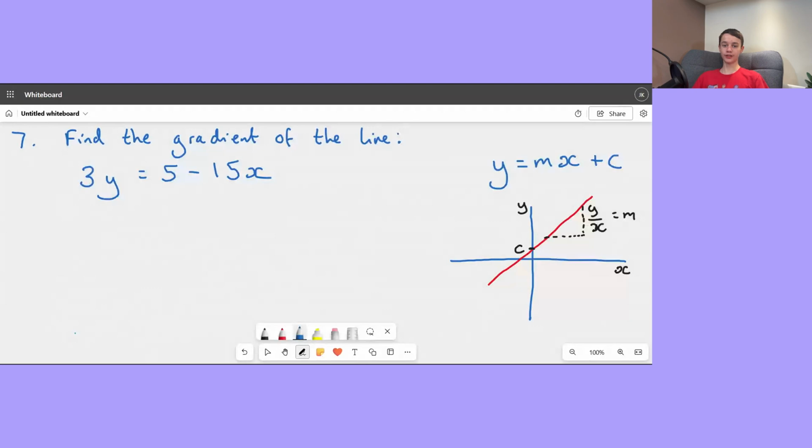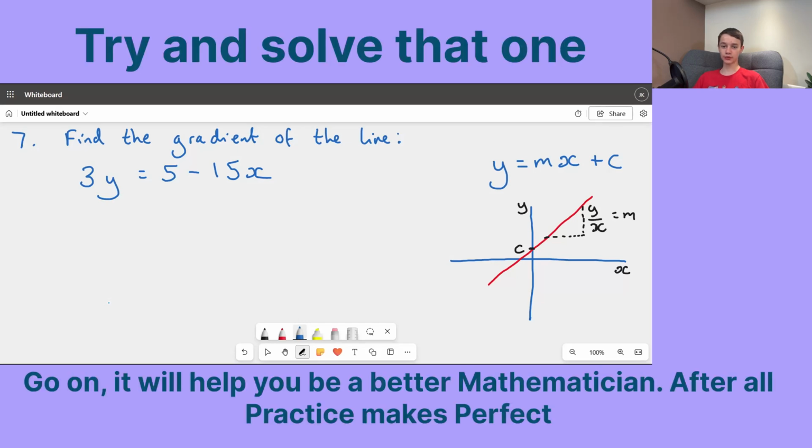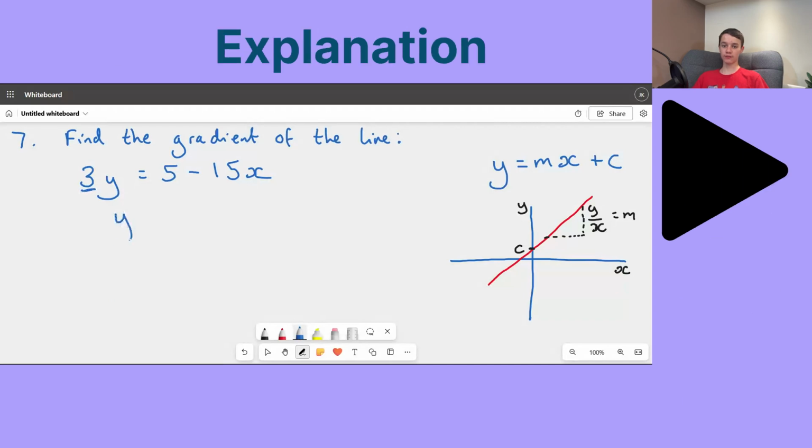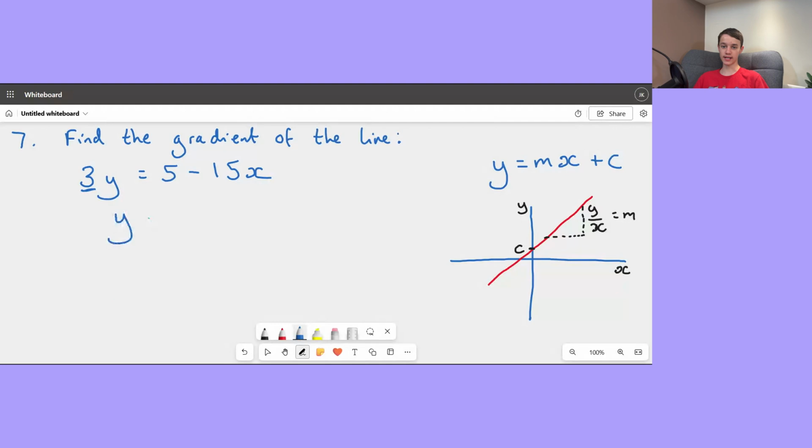Our last question, question number 7, is find the gradient of the line 3y equals 5 minus 15x. Have a try at solving that one. It isn't in the right format. It's 3y. We need to get rid of the 3.